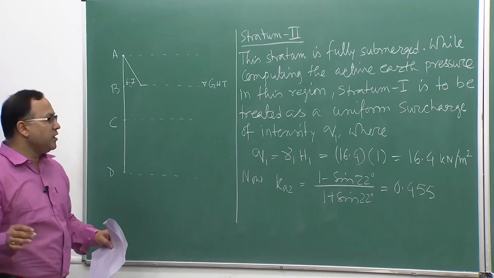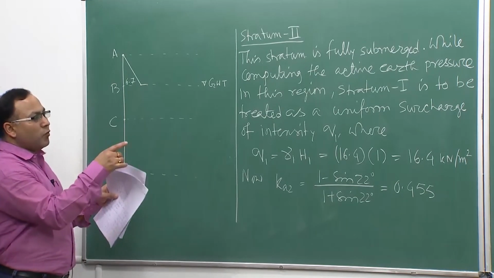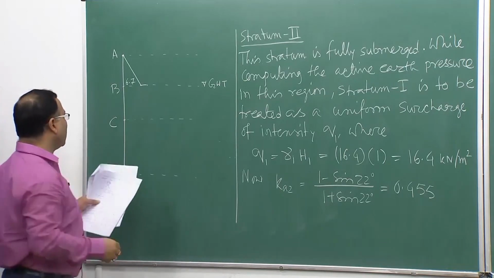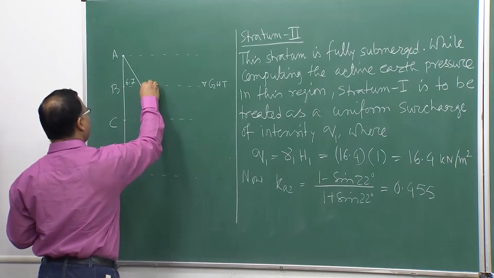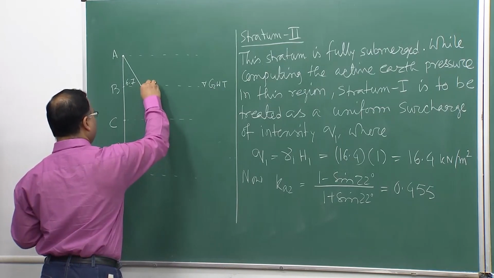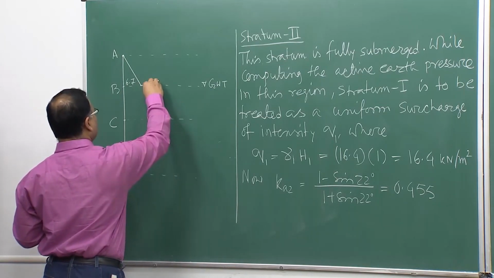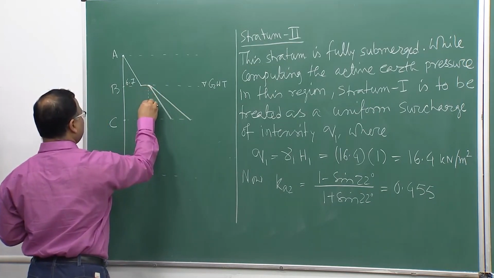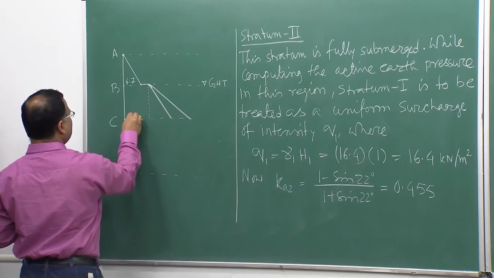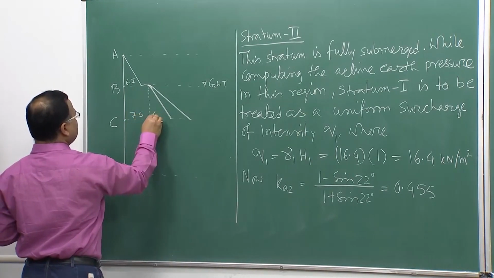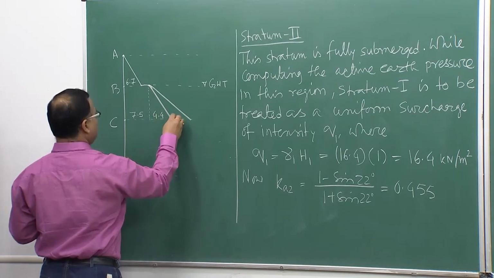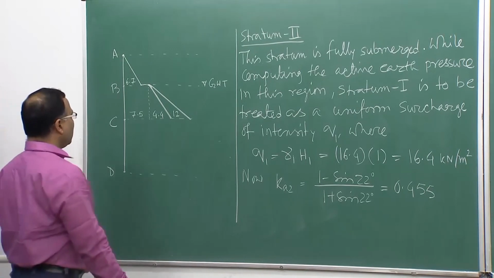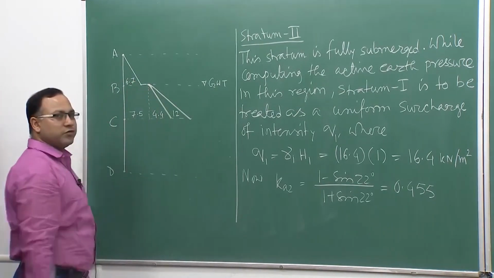Out of 23.9, 7.5 is there, 4.4 is coming from stratum 2 itself, and 12 is coming from water. So, your plot will be, so this is your 7.5, this is your 4.4, and this is your 12. Okay. So, you have got the pressure distribution like this.